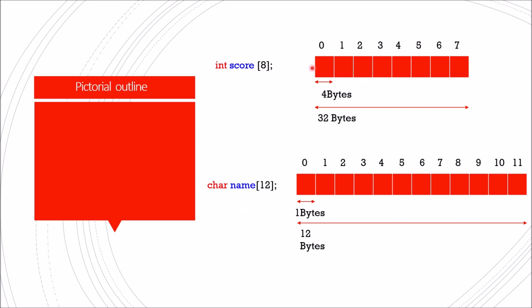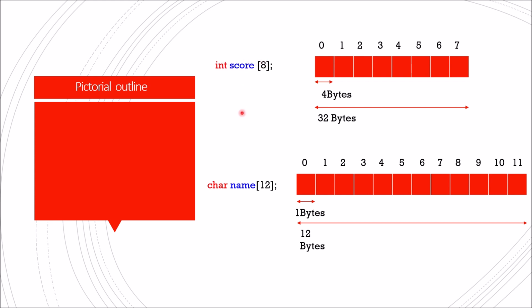I am just representing the array, not the rest of the memory, because remember that memory is a big block of different cells, different bytes. So what do we have here? An array of 8 integers named score.